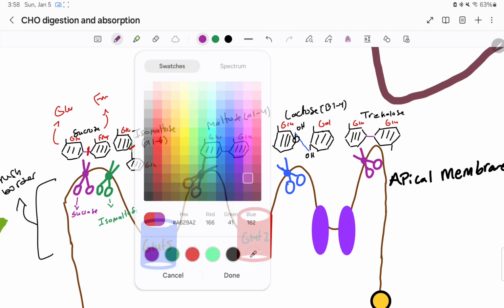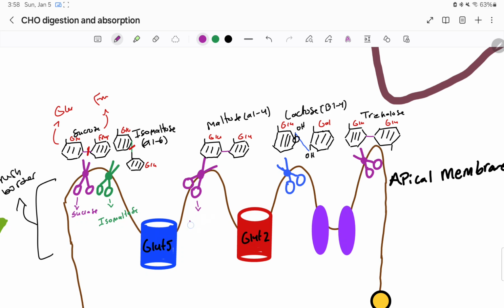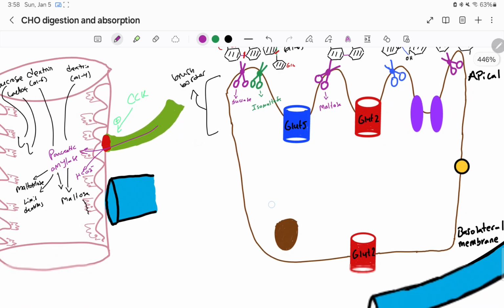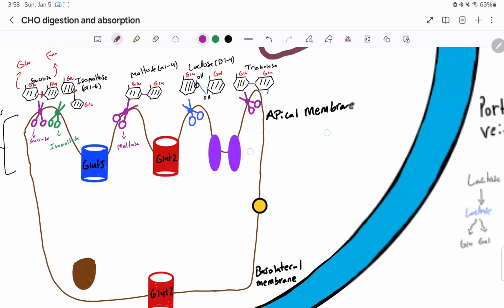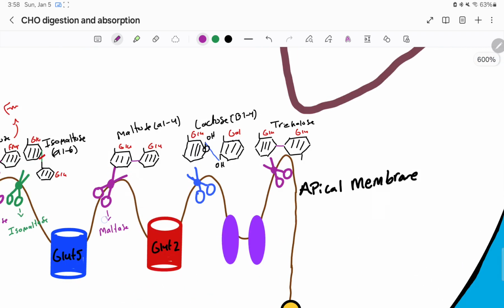What is this enzyme? This enzyme here is called maltase. That makes sense, right? Maltase takes maltose, okay? And you remember we also made maltotriose? Well, that maltotriose can also be hydrolyzed by maltase, okay? Because all maltotriose is literally just this.